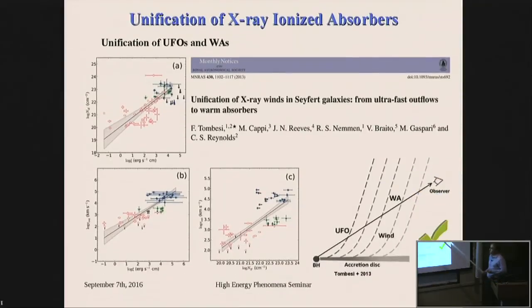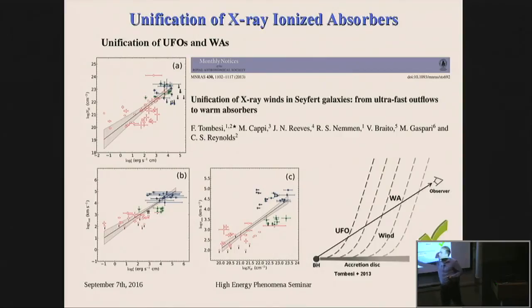And this density profile suggested that ultra-fast outflow and warm absorber could be related to one phenomenon in AGN, for example, warm absorber from the outer region and ultra-fast outflow from the inner region.